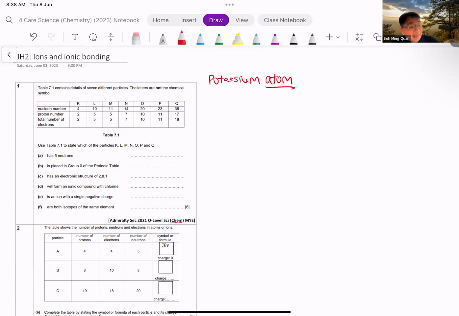Now the potassium atom has 19 electrons. How is it filled? What is the electronic configuration of a potassium atom? The first shell contains a maximum of 2 electrons, second shell 8, third shell also usually a maximum of 8, and finally, if you count properly, there must be 1 electron in the fourth shell.